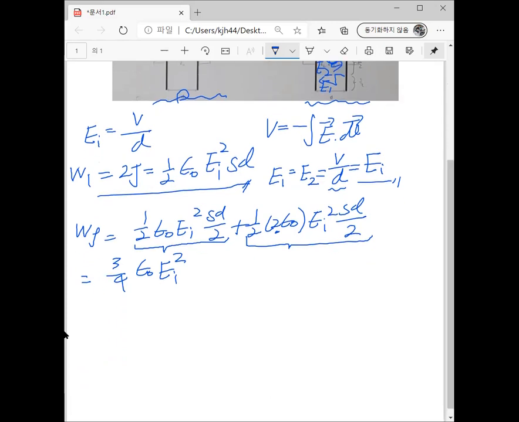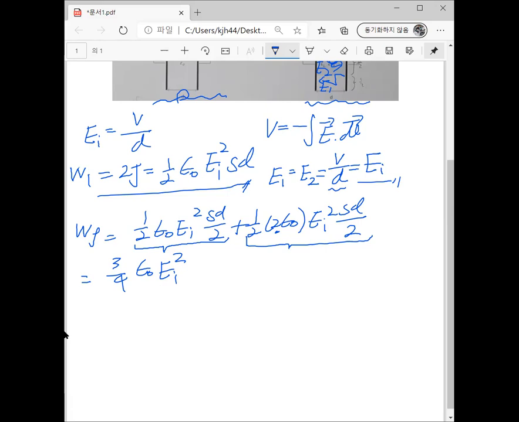The reason we could use electric field for the initial state is because we all agreed in the first place that E1 equals E2, and that is also equivalent to E initial, the initial state electric field.